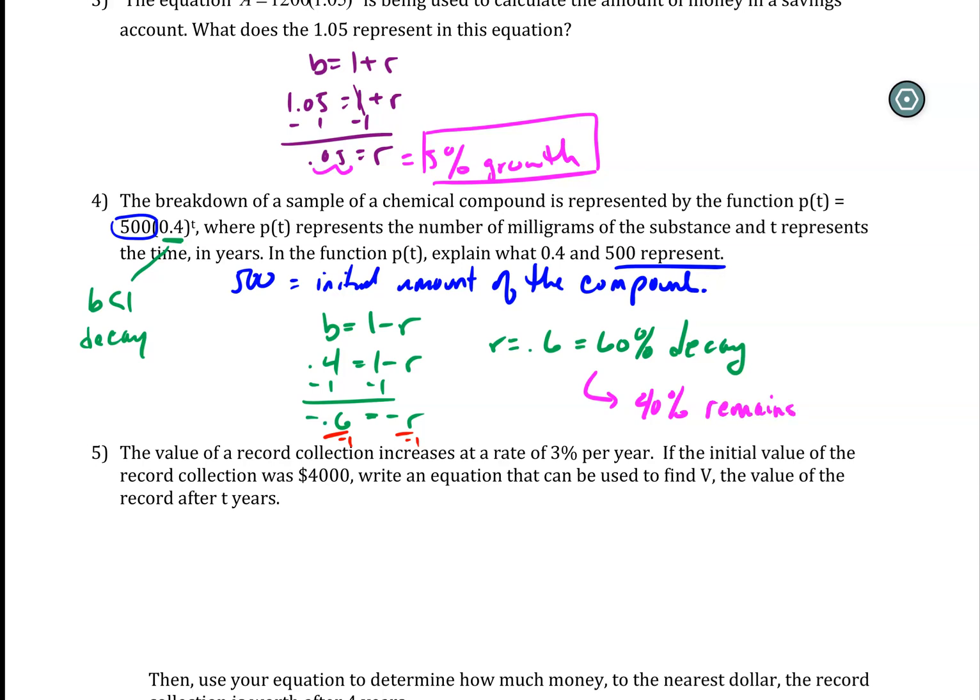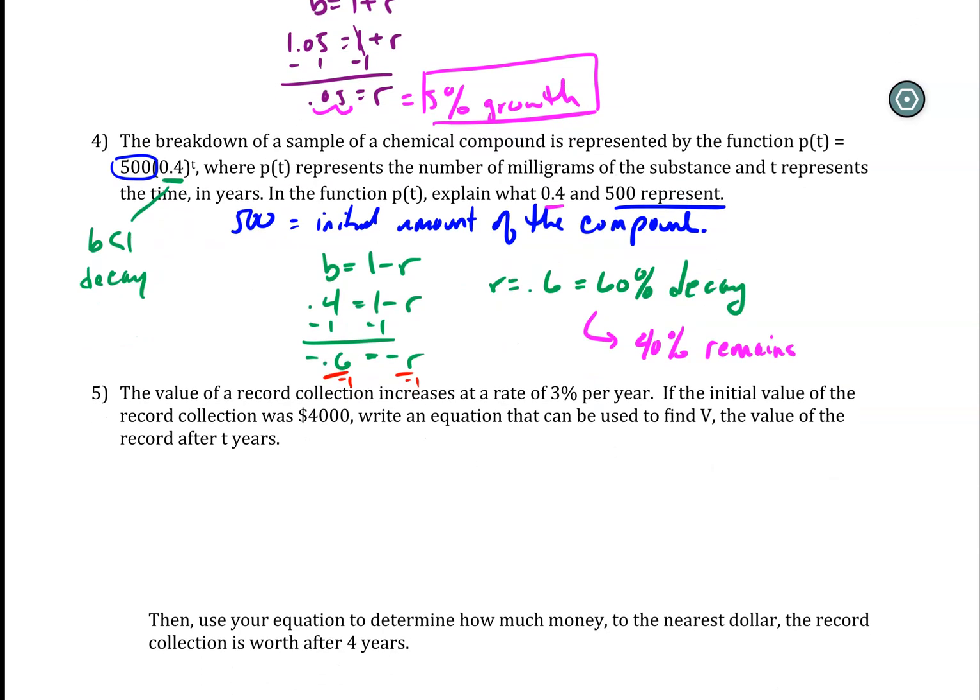So that's actually what the 0.4 value represents. Again, we're plugging in the rate, but it actually ends up being that it's 40% left over, or the remaining compound in this case. So again, a little trickier the way they worded it, but it's easy to find the pieces once you know the terminology and the specific characteristics of the exponential function.